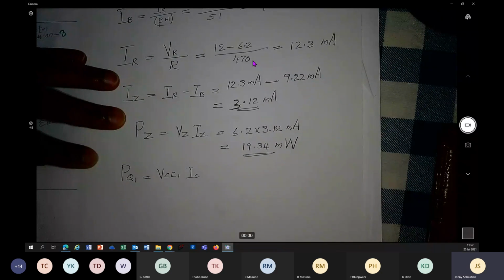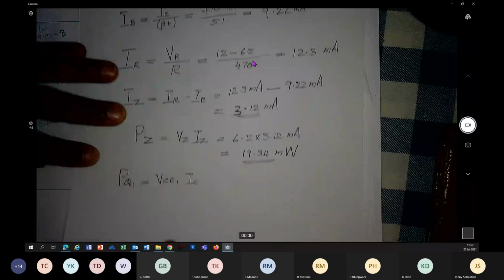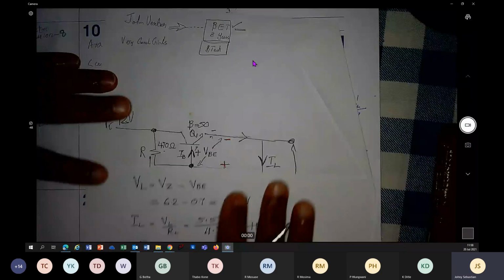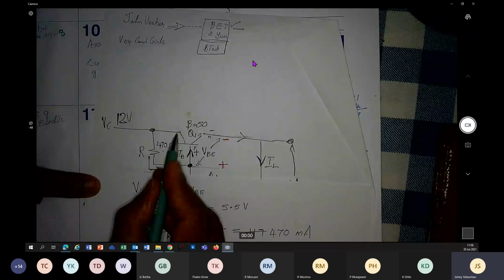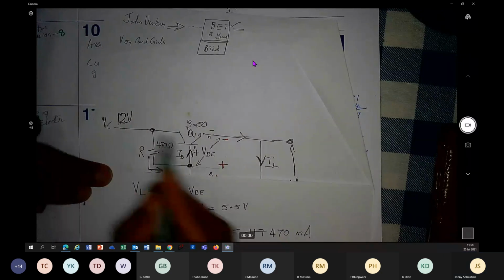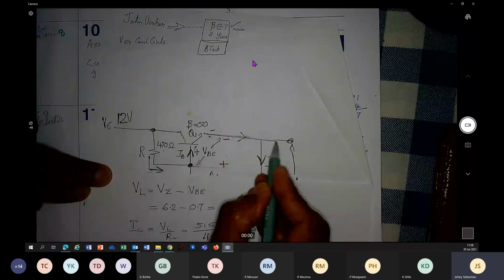How do you find the VCE? Look at the collector, what do you have? At the collector, you have 12 volt. What is the voltage at the emitter? 5.5.